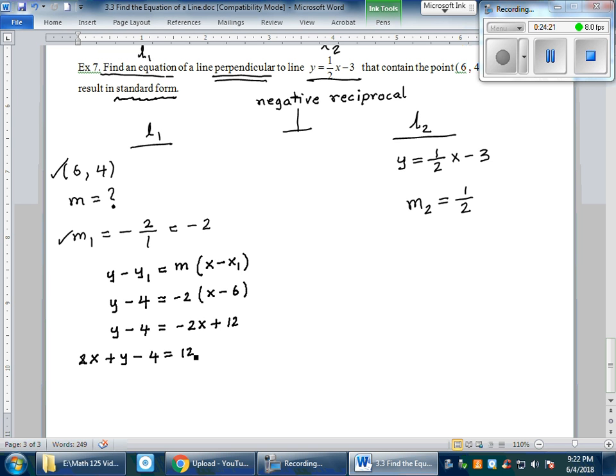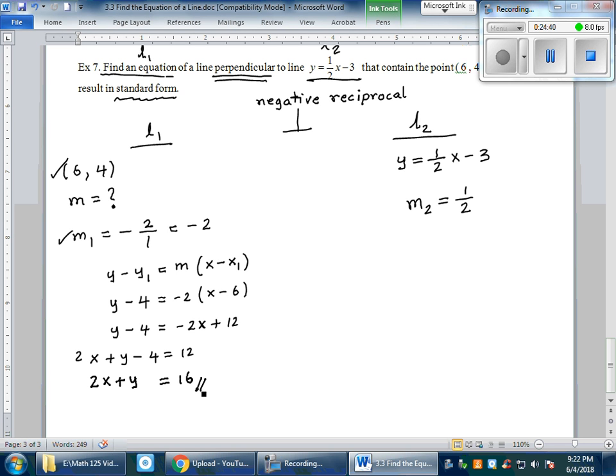And then I'm going to add 4 to both sides, so that will give me 2x plus y equal to 16, and this will be our final answer.